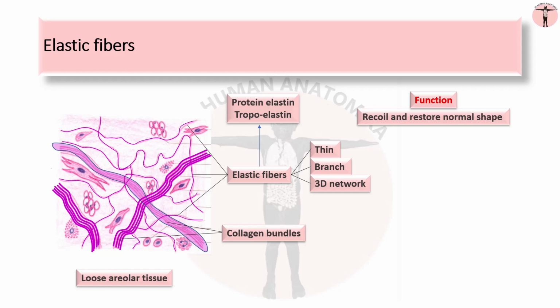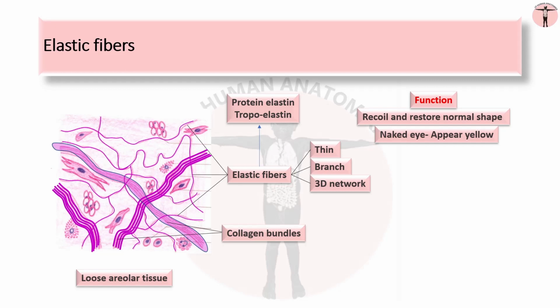This is because a network of elastin molecules is formed by covalent bonding, which can stretch and recoil. The tissues that have a high concentration of elastic fibers appear yellow to the naked eye.